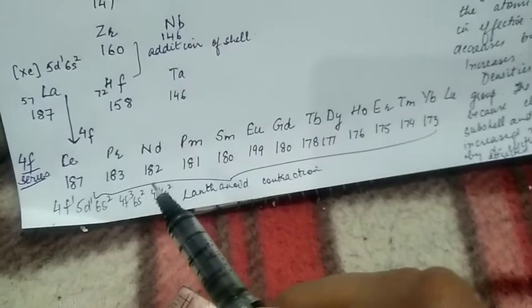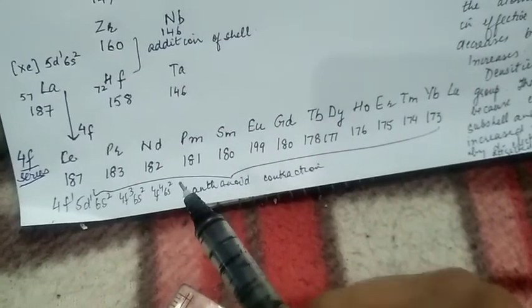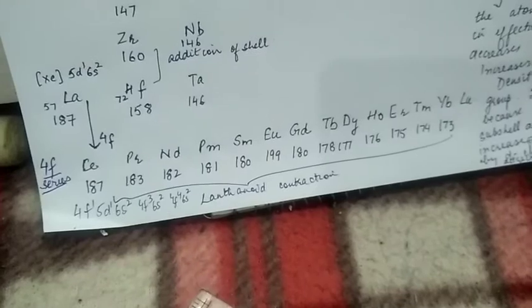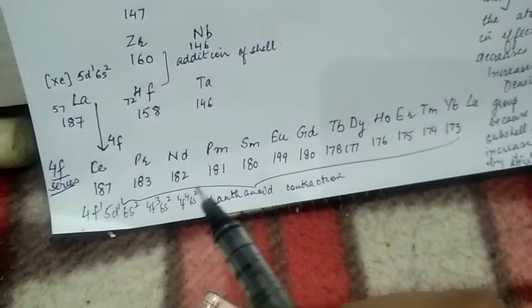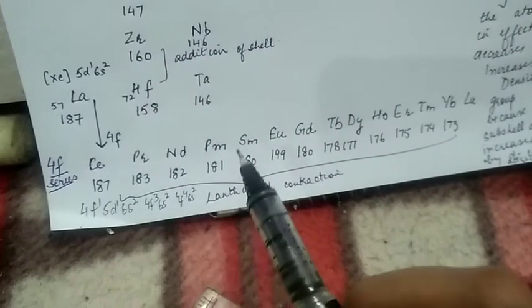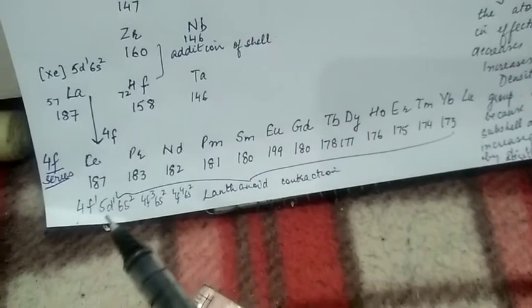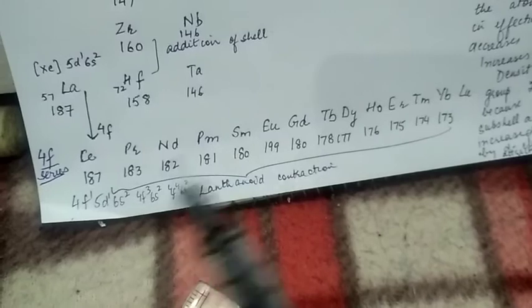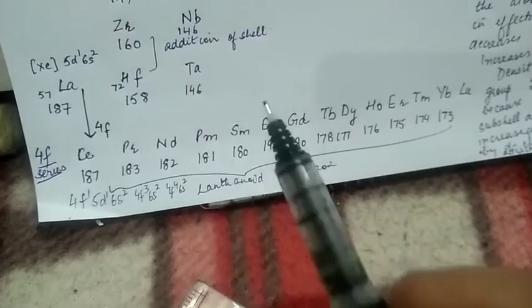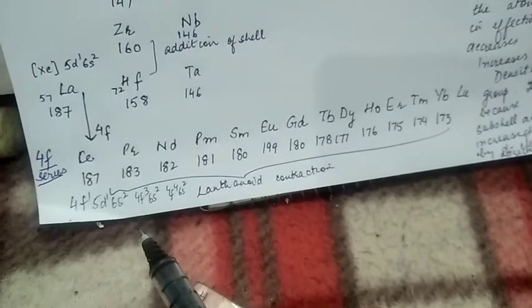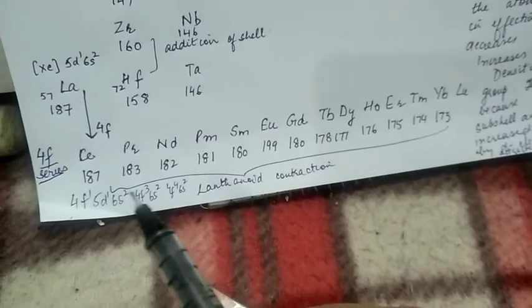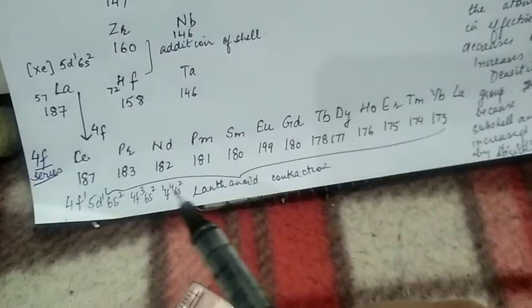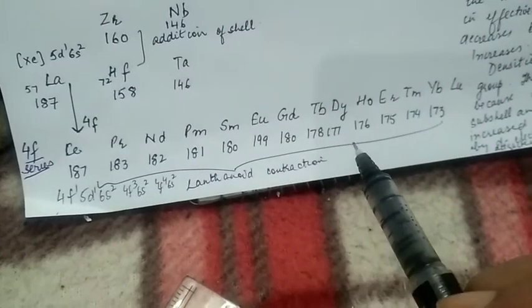The 4f subshell is also having very poor shielding effect, even poorer than d orbitals. So this means that they are also not shielding the outermost electrons very well. The nuclear charge is increasing, and because of effect of increased nuclear charge and poor shielding of f orbitals, the size goes on decreasing. This is called Lanthanide contraction.